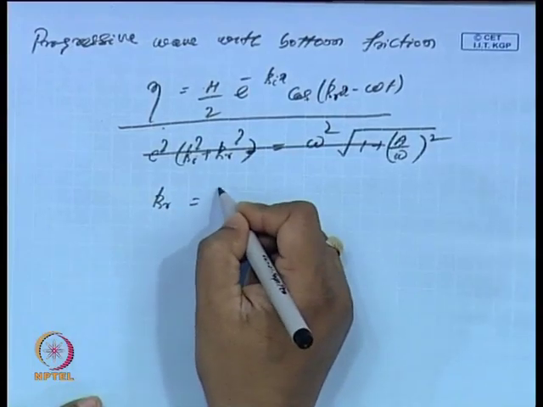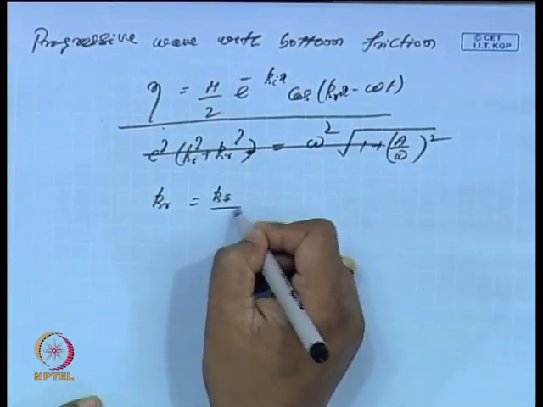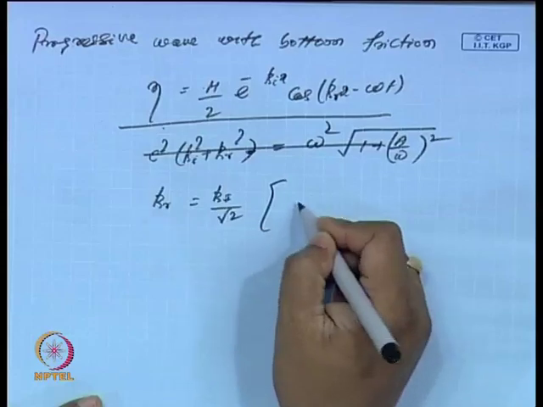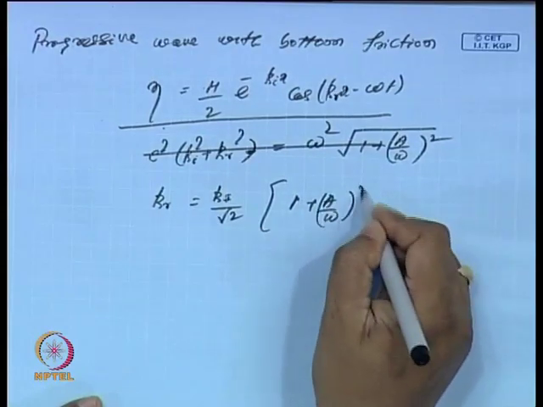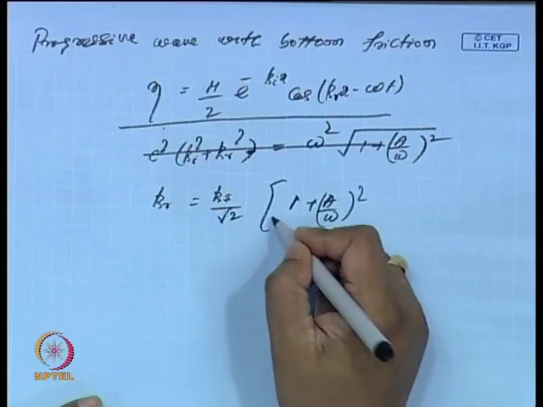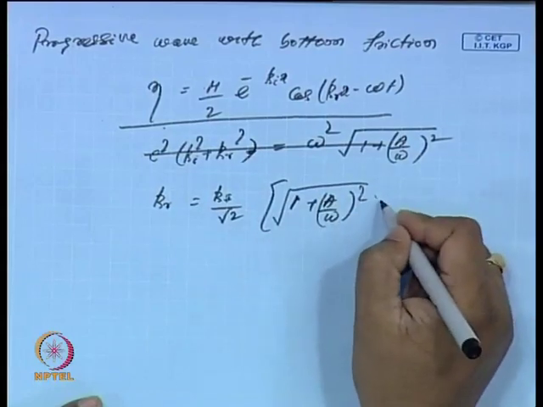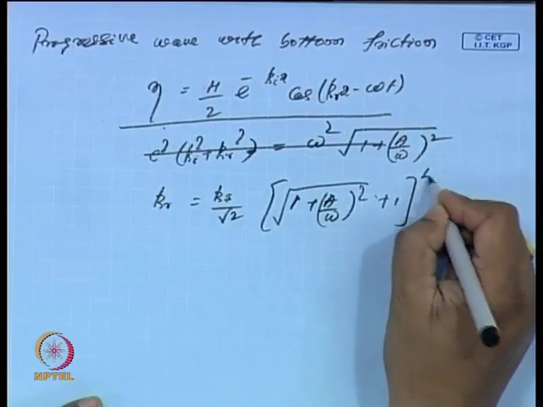in terms of k_i is k_i by root 2 into (1 plus (a by omega) square) root over plus 1, to the power half.